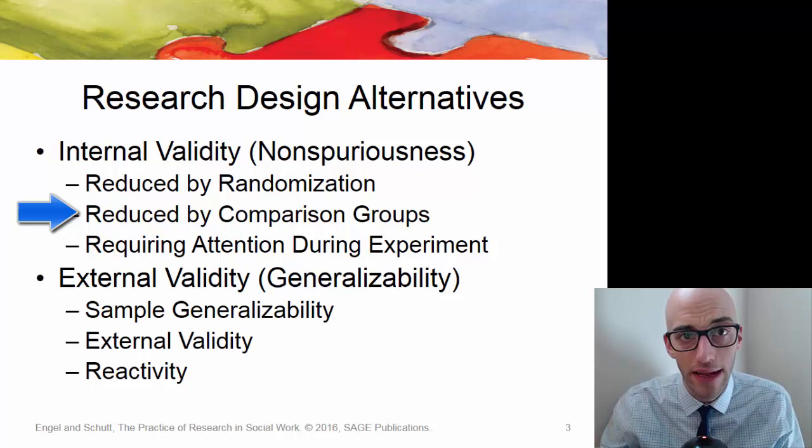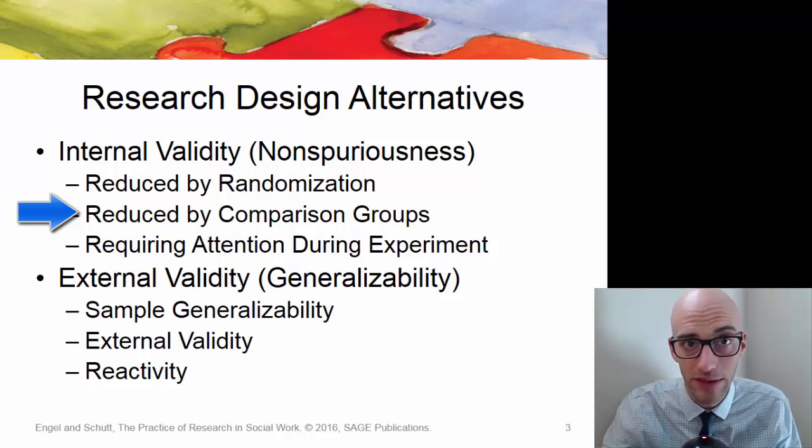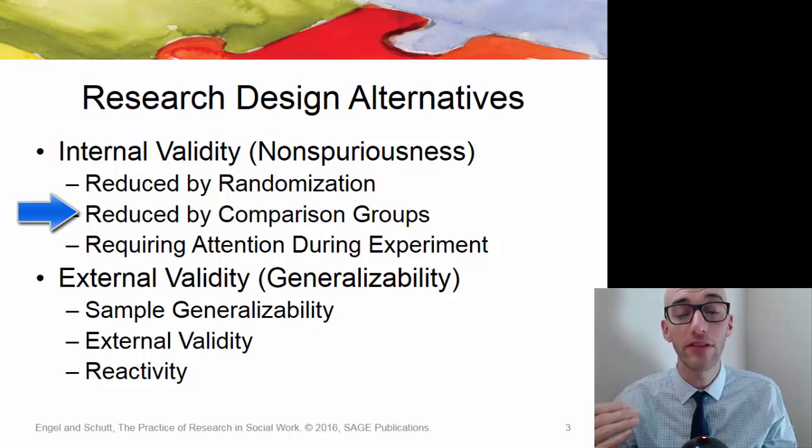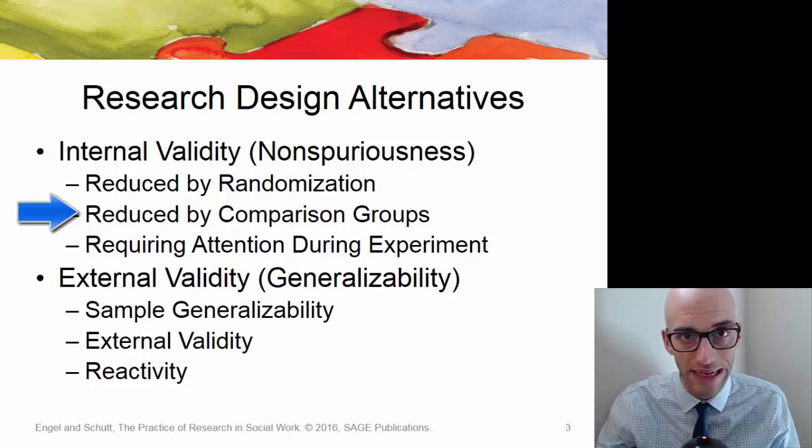But without having any group to compare that to, maybe another group that didn't have any type of intervention, which could be a control group or a comparison group that had a similar but different intervention, by having at least one or two other comparison groups or a control group, then we can say with more certainty that there's a causal explanation for the changes in our outcome variable.